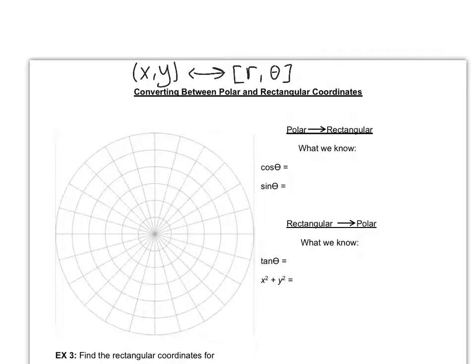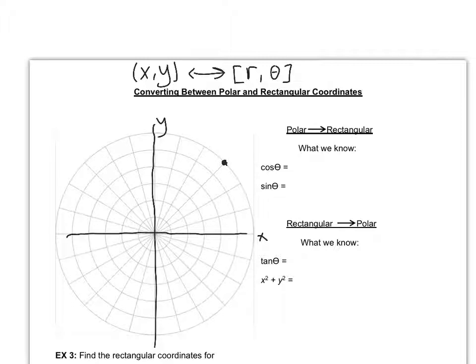Okay, so we're going to start with considering a point. Now, what I'm drawing right now, I'm trying to relate this to what we already know about x's and y's. So if I outline my Cartesian axes, and then let's say I want to plot a point right here in the middle of that first quadrant, what we're used to calling quadrant 1.